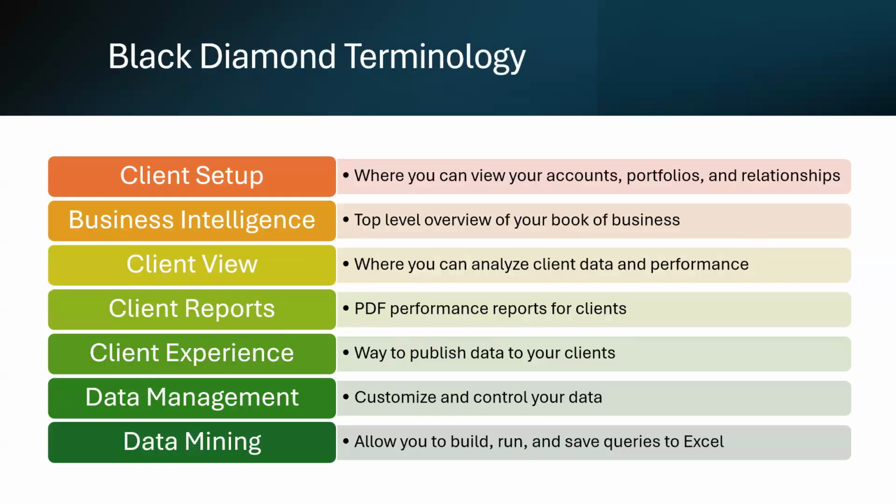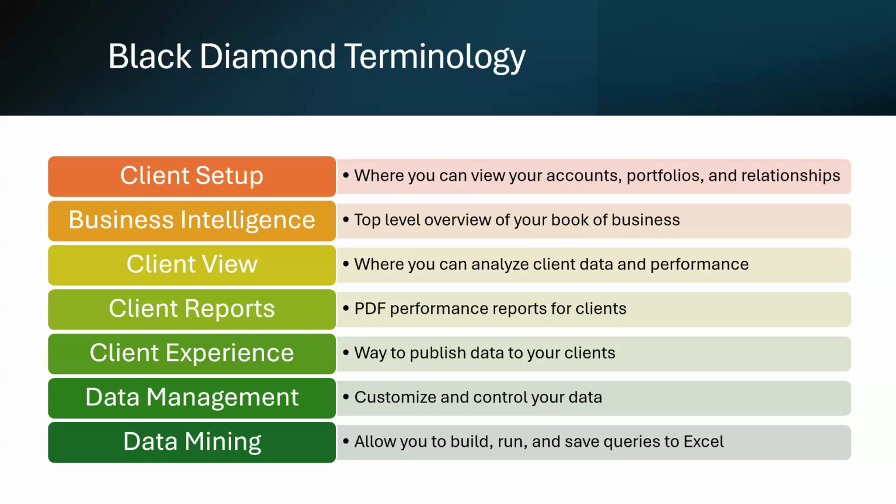So before we jump into this training and our live demo, let's talk a little bit about the Black Diamond terminology. When we review things in Black Diamond, we'll review them as cards. Each of the cards here are set up in different sections. We have our client setup, where you can view your accounts, portfolios, and relationships. We have business intelligence, which provides a top-level overview of your book of business.